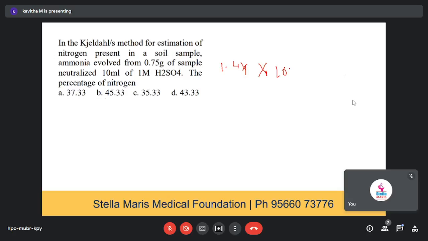Am I right or wrong? Am I right, Leah? Yes, ma'am. So that divided by the weight of the sample. So 1.5 means that is approximately 2.